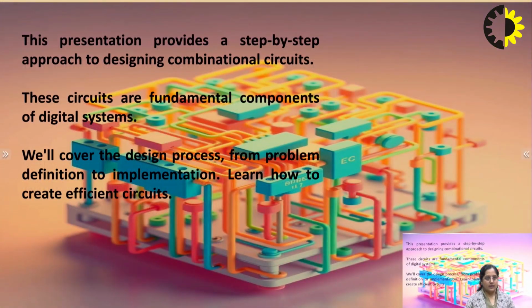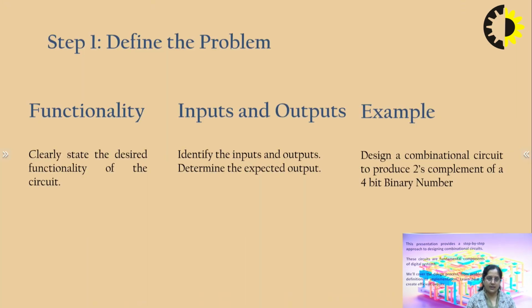So, the step by step procedure we can consider in this way, and we have considered one example as a problem definition, and then I am going to implement that problem and we will draw an efficient circuit for that particular problem. We are also going to discuss how we will find the components, whether we are going to go with universal gates or we have to design using basic gates.